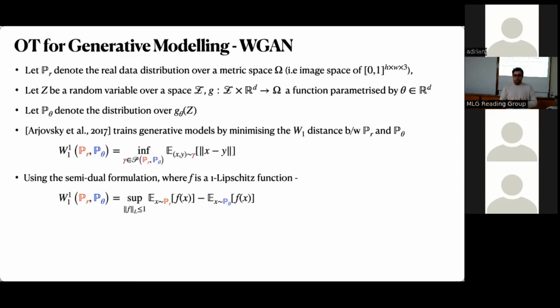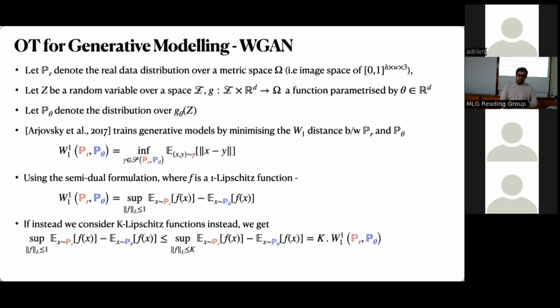So your generator distribution. Right, and now the issue here is that obviously making f 1-Lipschitz isn't easy, especially as f is your discriminator or critic model that's again parameterized by a neural net. And so you can relax this condition to say, let's consider K-Lipschitz bounded functions instead of 1-Lipschitz bounded functions.